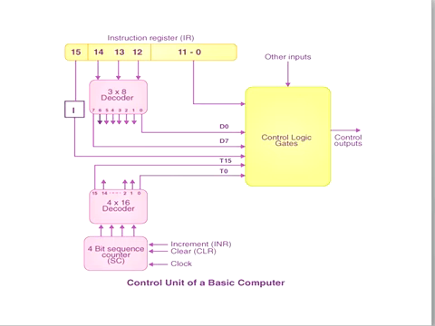That is, if we are executing in T0, the next timing signal is T1. Whenever CLR, that means clear, is enabled, the sequence counter is cleared, and the process will start from the starting timing signal, that is T0. For example, if we are in the T4 time signal and we enable clear, it will clear all the timing signals and start again from T0.